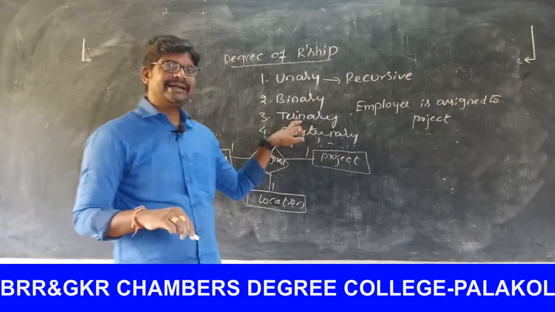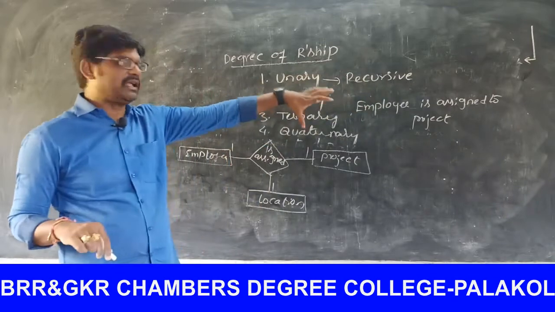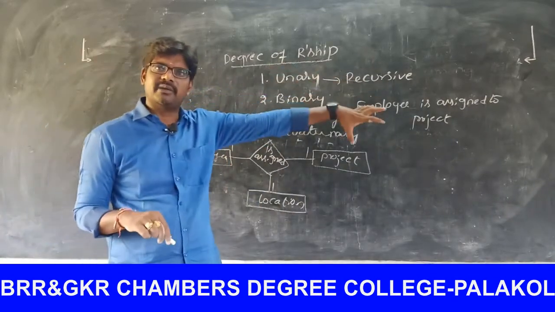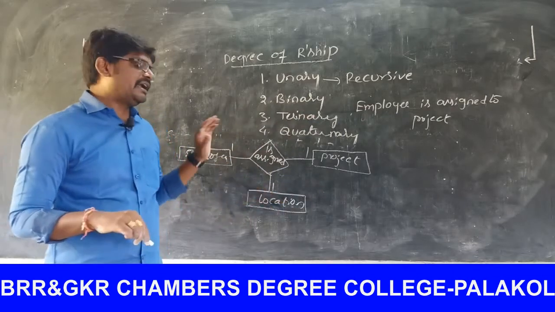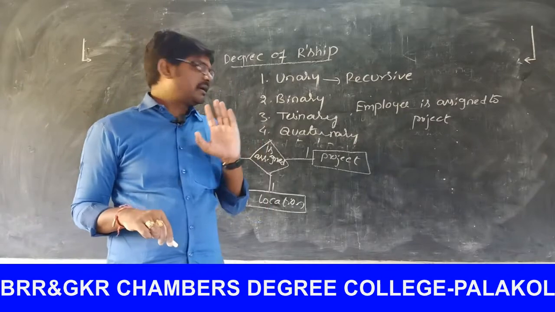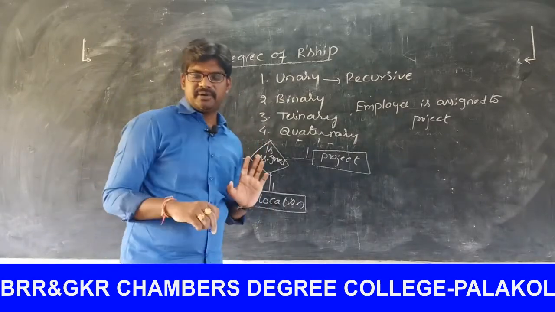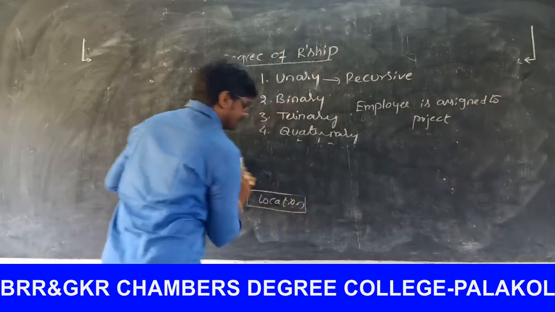Okay, this is called ternary relationship. Only one entity participated, we call it as unary. Two entities are participated, we are called binary. Three entities are participated, we call it as ternary. And four entities are participated, we call it as quaternary relationship. Okay, so four entities are participated.